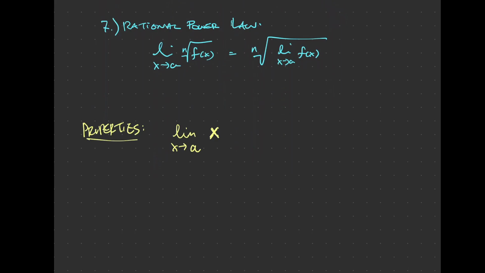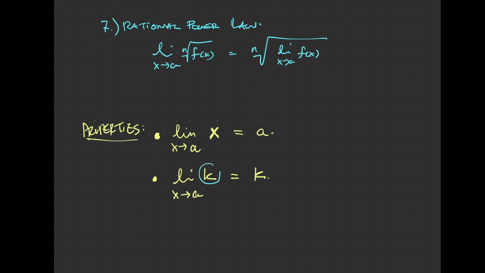What is x approaching as we approach a? Well, it's got to be approaching a. If it was something else, that would be very confusing, right? So the limit of x equals a as x approaches a. And the other is that the limit of some constant k as x approaches a is just k. All right, so what does this mean?